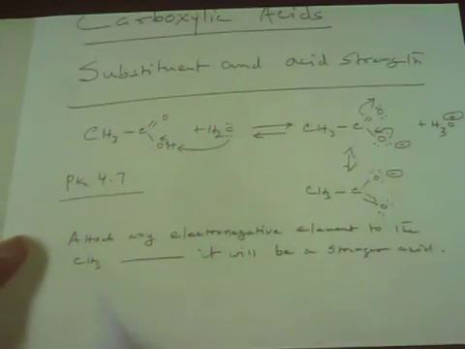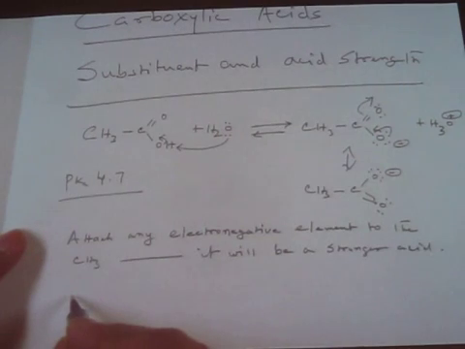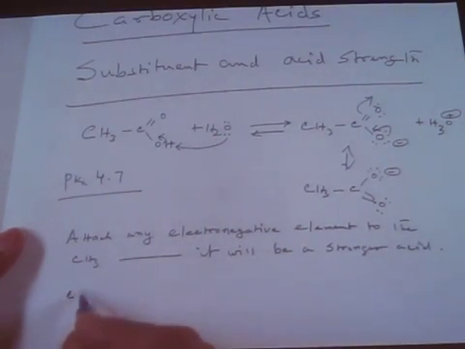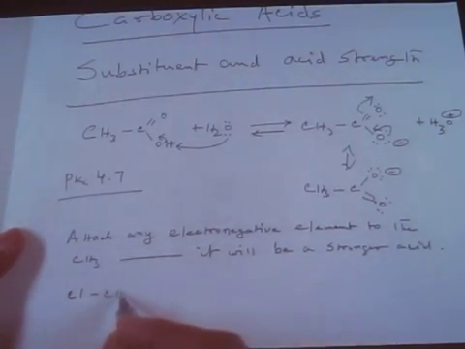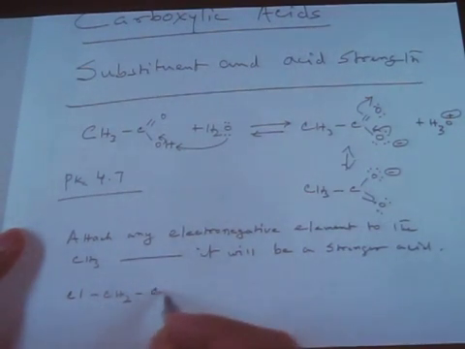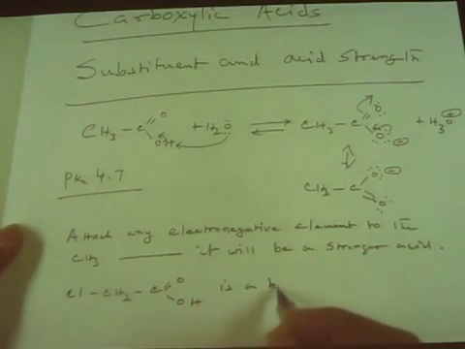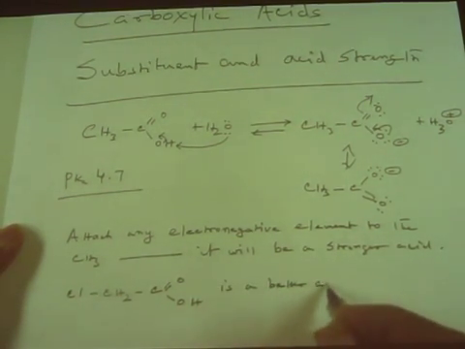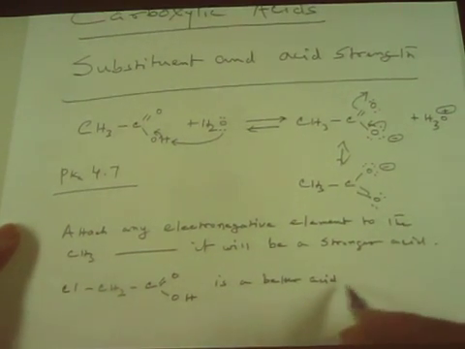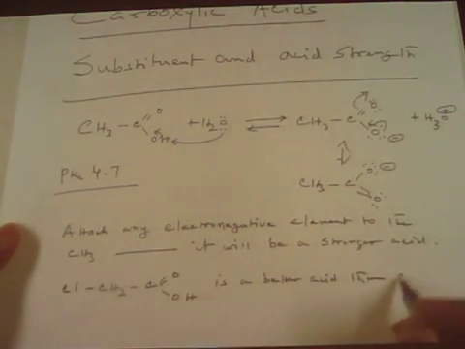So if you attach a halogen, it clearly will become a better acid, and the pKa value drops compared to acetic acid.